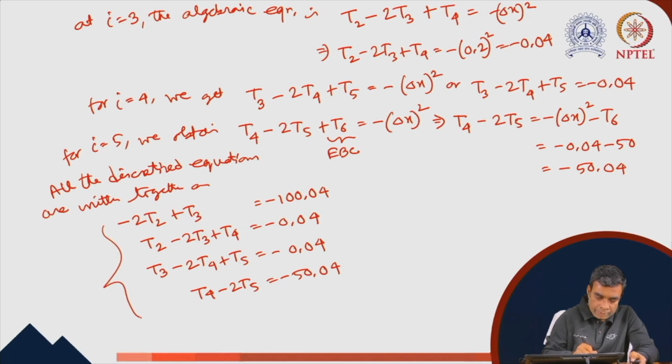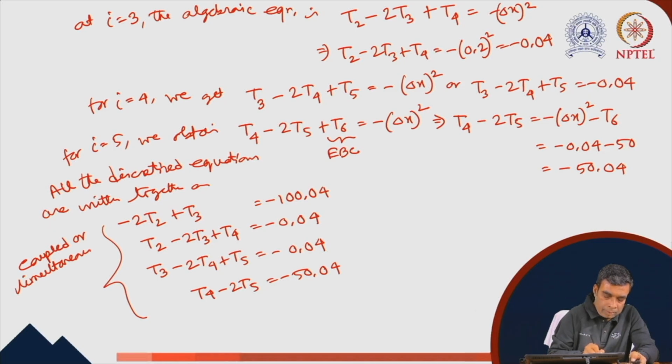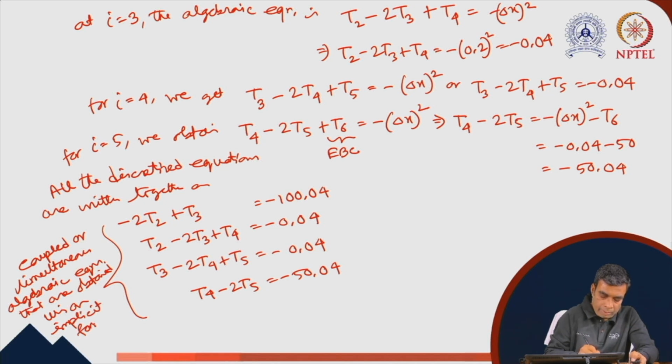So these are the examples of coupled or simultaneous algebraic equations that are obtained using an implicit formulation.